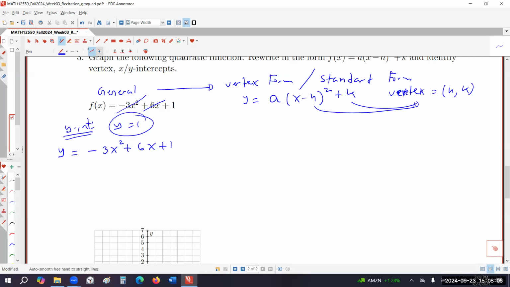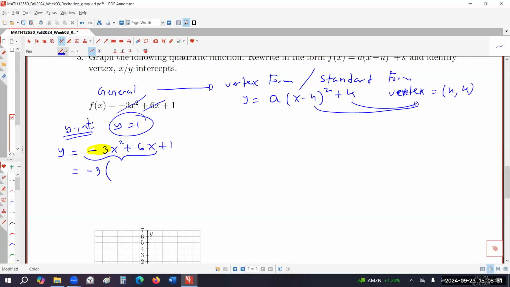That means this negative 3 is a problem. We must pull it out, otherwise we cannot complete the square. So I pull out -3 only from these two. Okay, we are going to leave one alone. We are going to pull out -3 only from all the x terms.